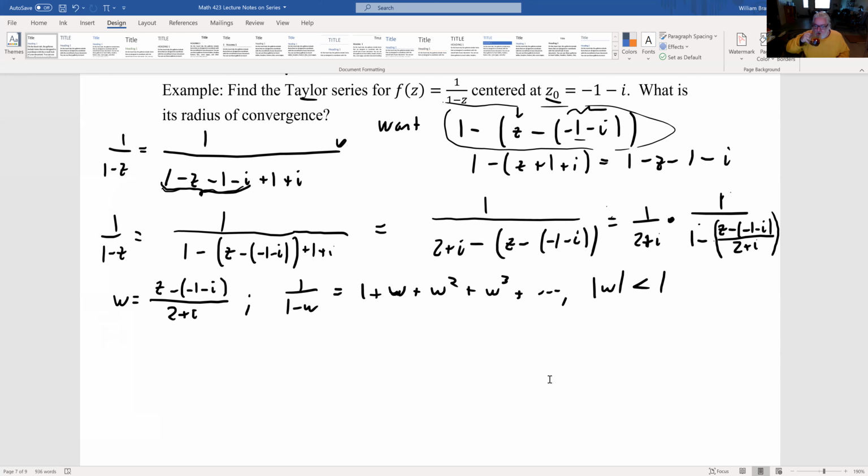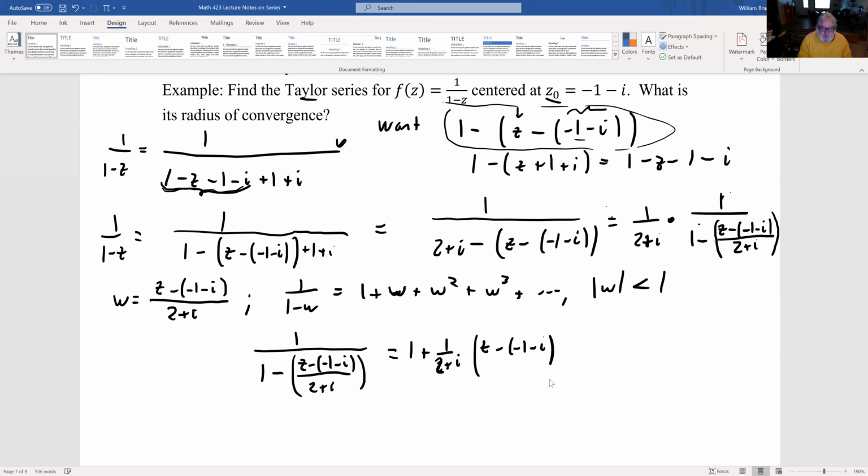Great, so there's our 1 over 1 minus w. So what we'll do then is plug back in for w. z minus the center over 2 plus i is equal to 1 plus 1 over 2 plus i times z minus 1 minus i.